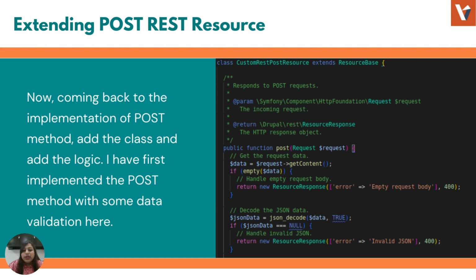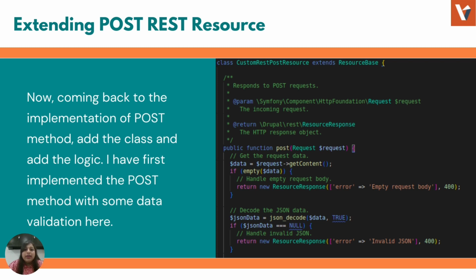What the code is doing is, first, it is validating. As I said, we are passing a request in the POST method, and in the request I want to give the title and body of the node in order to create the node. So first it will validate your data. Whatever request I have given, it will get the content of that request and store that content in the data variable.